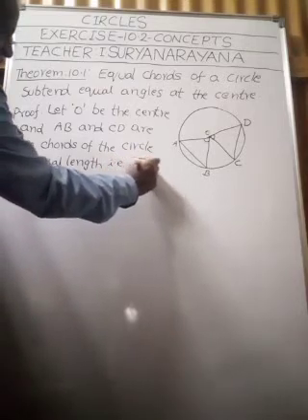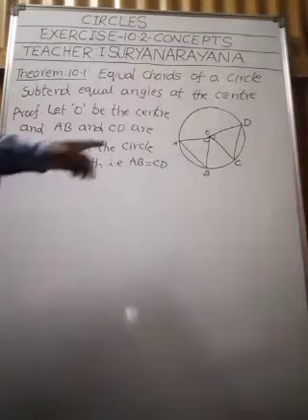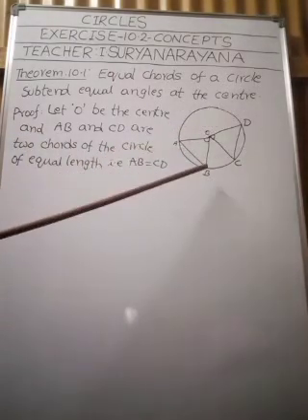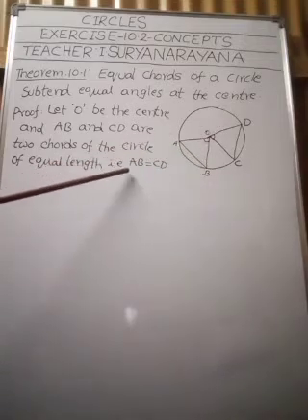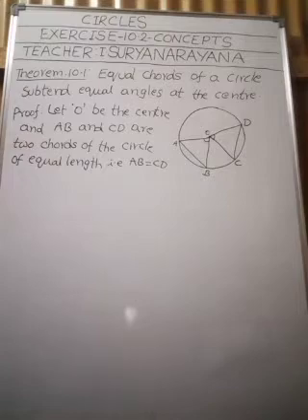That is, AB is equal to CD. Okay, my children, we have taken two chords, namely AB and CD. These two chords are of equal length, that is AB is equal to CD. Understood this point, my children? Right.